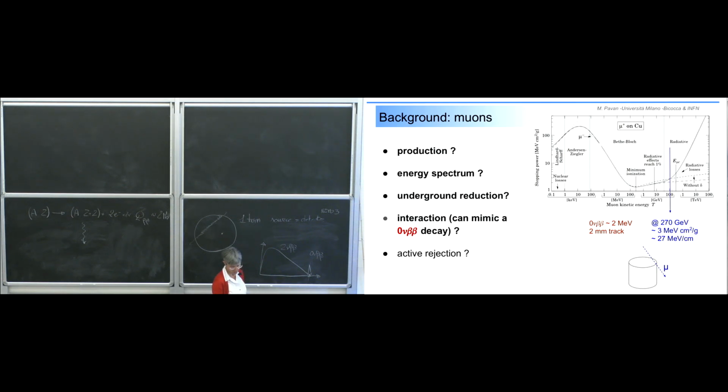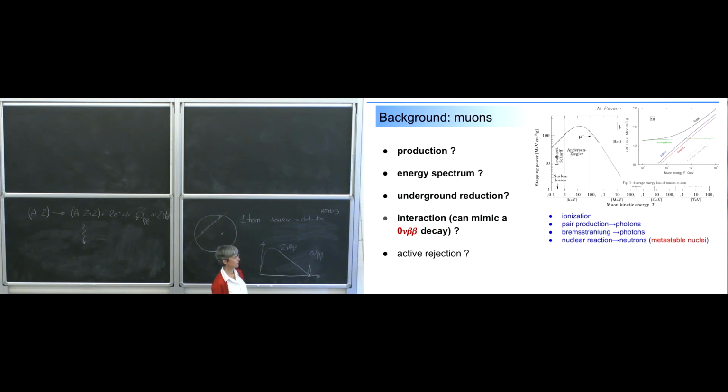Any other interaction of muons? Yes, there are a lot. Here you see a sketch where they are shown. You have ionization, pair production, Bremsstrahlung production, and then you also can have a nuclear inelastic scattering.